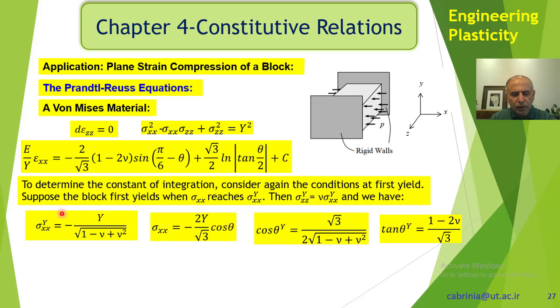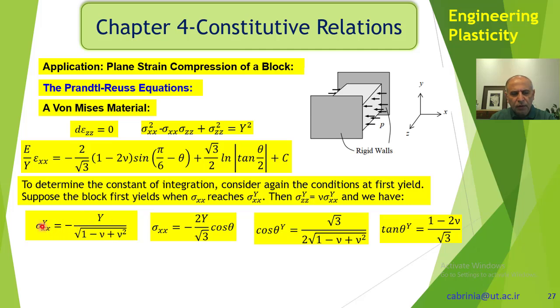We obtained this when we said that we could solve the Prandtl-Reuss equation for the elastic solution, remember, in the previous slides. So if you refer to the previous slide, you can get this. This is easy. Why are we using the elastic?